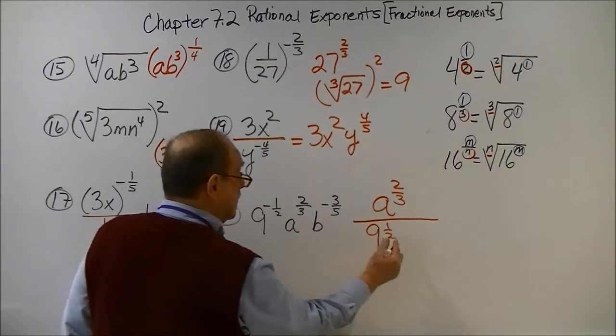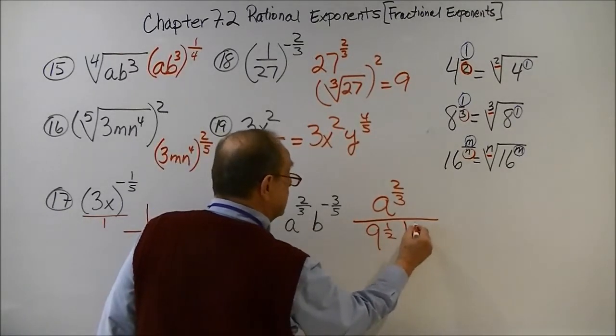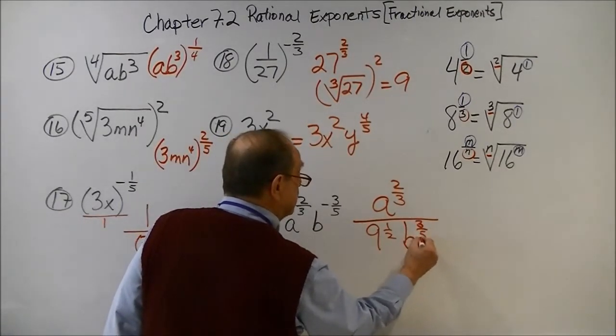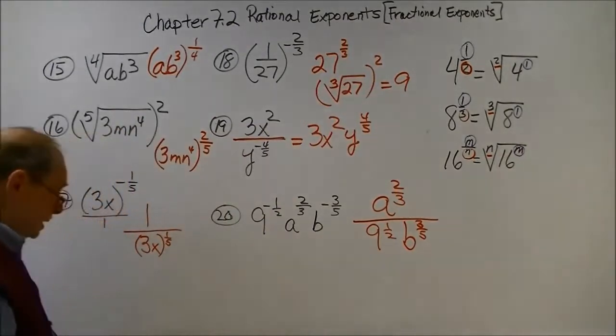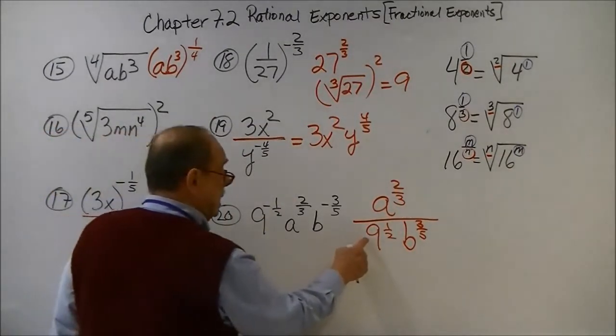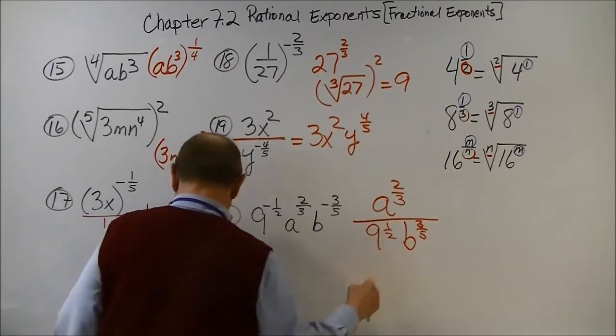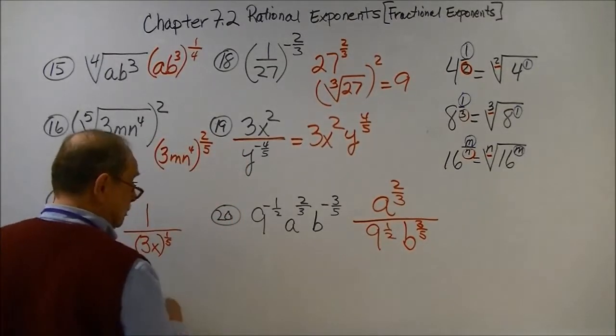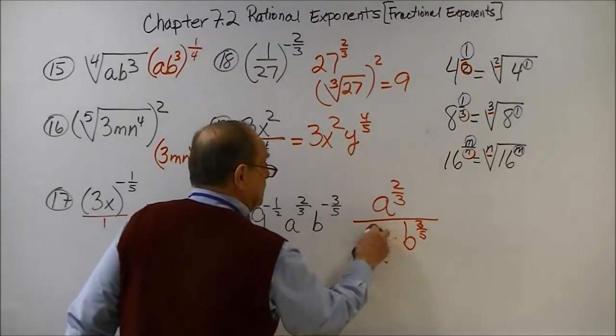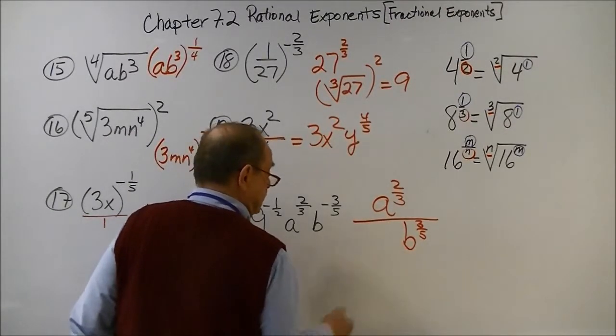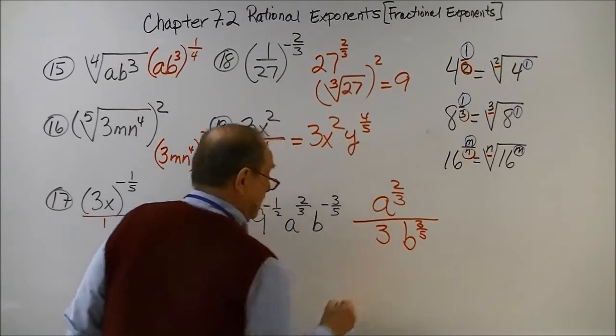And our b goes down as b to the 3/5. But you recall that 9 to the 1/2 power is the square root of 9, which is 3. So we'll just put that there as a 3.